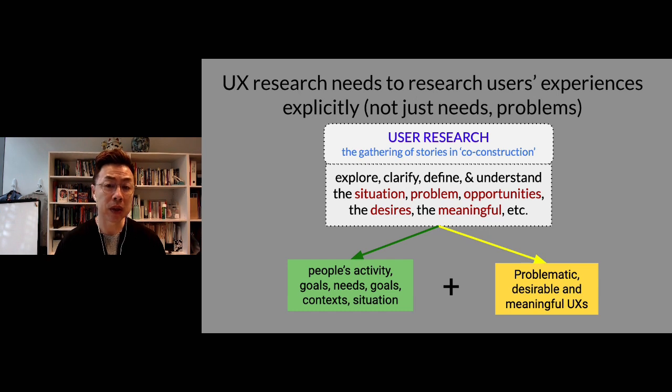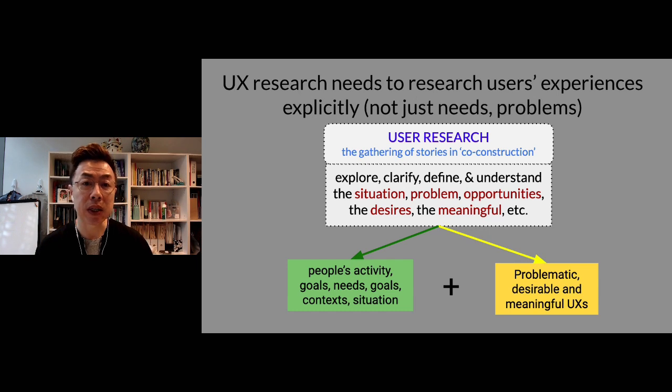So basically what this slide is trying to remind you is that don't just ask people what they want and what their needs are. While it is important, as a user experience designer you also need to uncover why something is meaningful, why something is problematic, and what are some of the opportunities when you look at and understand what people's situation is, to support.